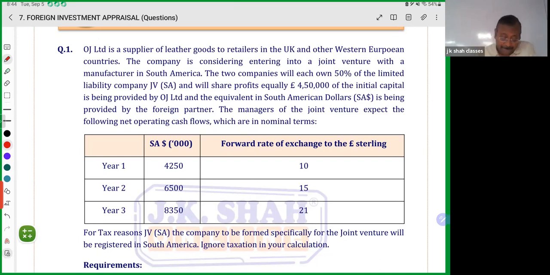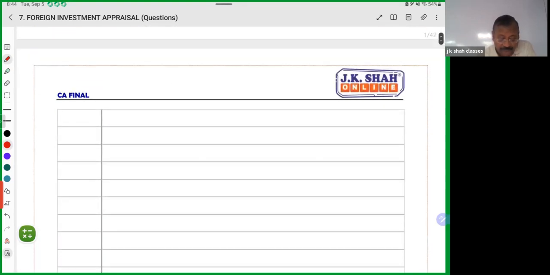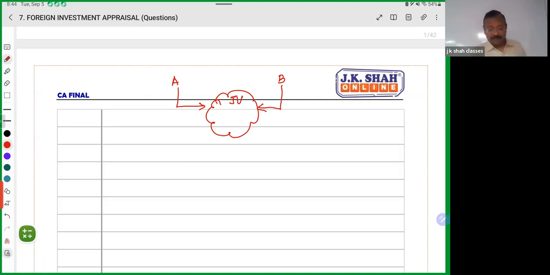Okay, now see, how does the concept of joint venture work? You have A, you have B, and these people would create a new entity, which would be the joint venture, in which some part of the capital will be held by A and some part of the capital will be held by B. ये होता है joint venture का concept.